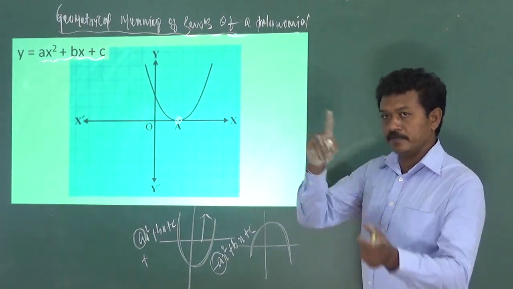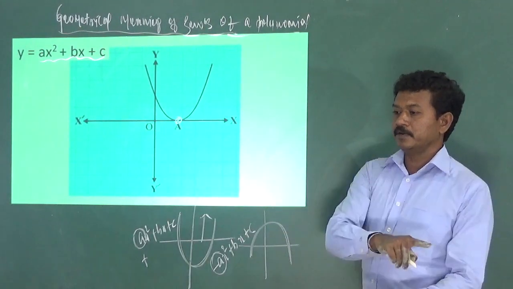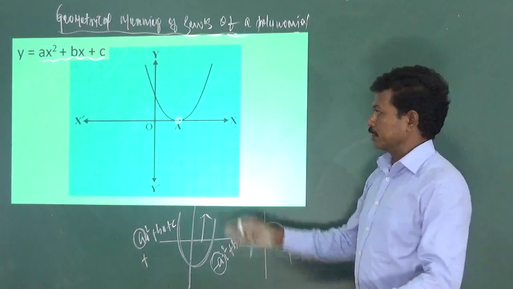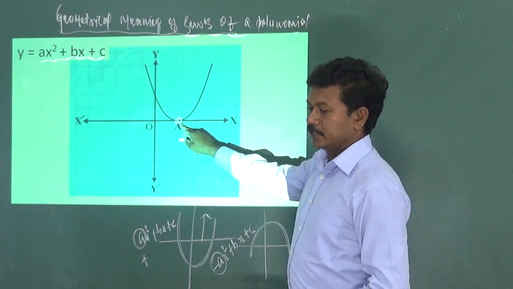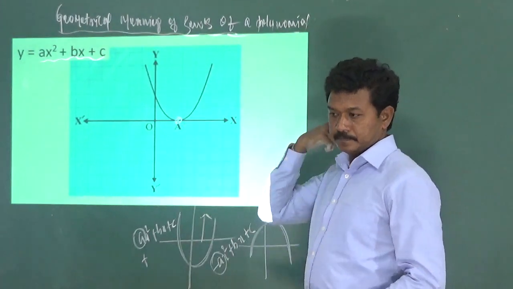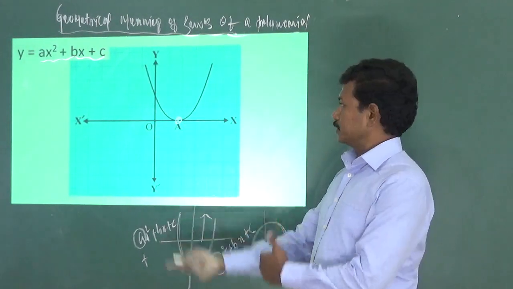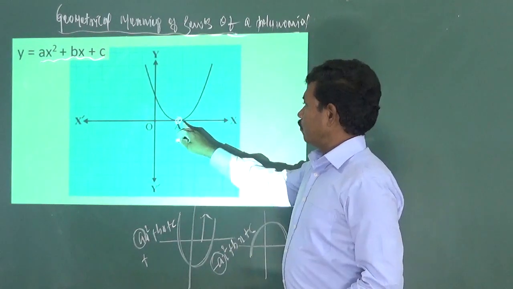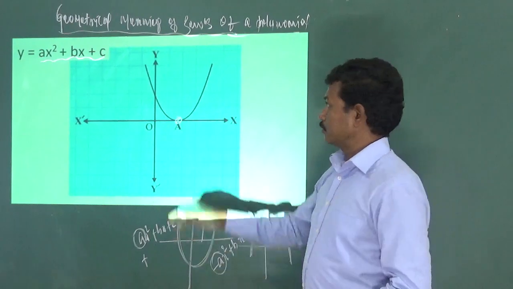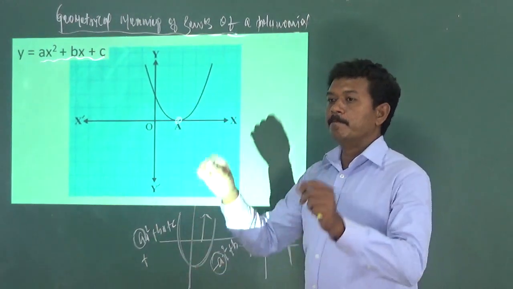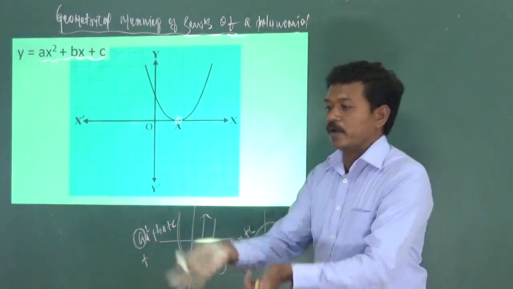It may also have one zero. It may also have no zeros. So here the possibility is it is having only one zero. Sir, what about the other zero? Here, the two zeros the quadratic polynomial is having, both the zeros are equal.